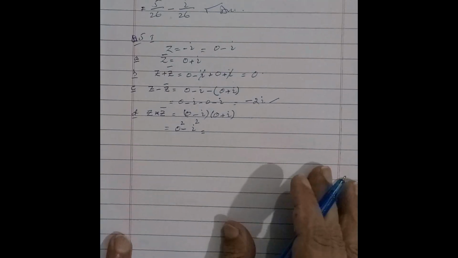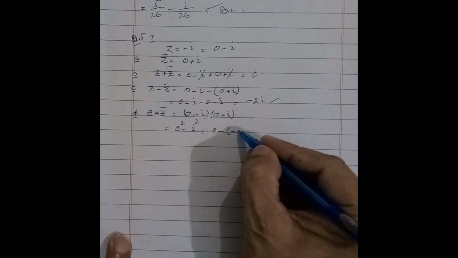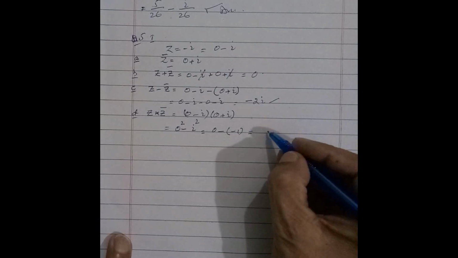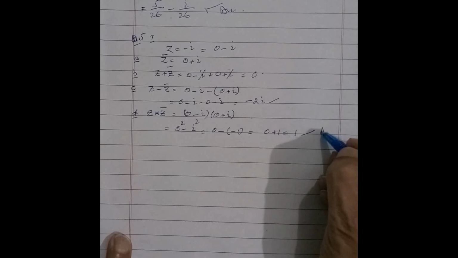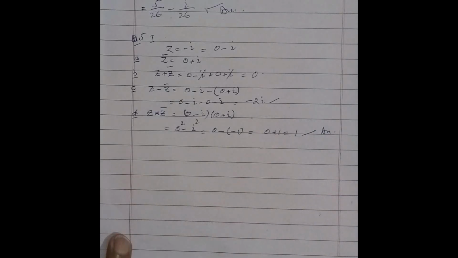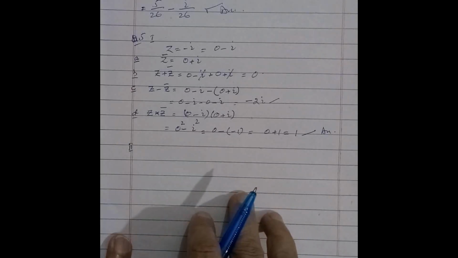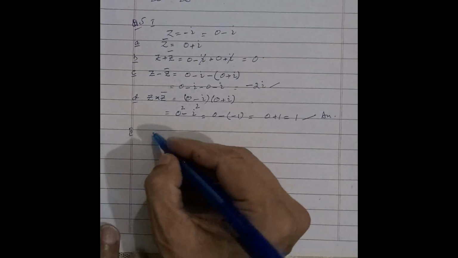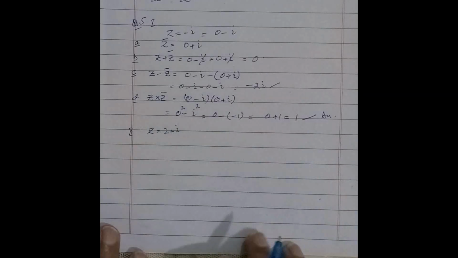Now we simplify it. 0 square is 0, minus iota square is minus 1. And when we simplify it, 0 plus 1 is equal to 1. And it is the D portion of part 1.